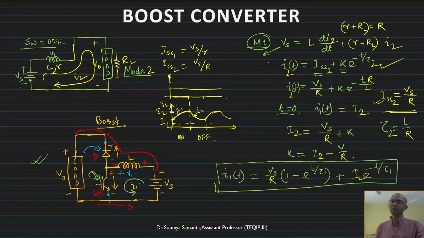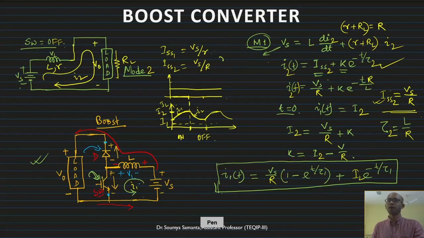Now how can we say that this is decaying in nature? Let me explain. What is this final value? This is the initial value. This is the final value for mode 2, and this will be the final value for mode 1.